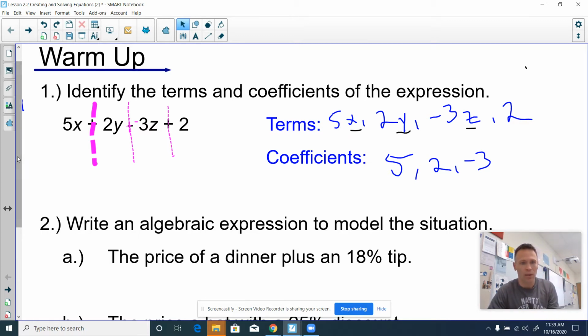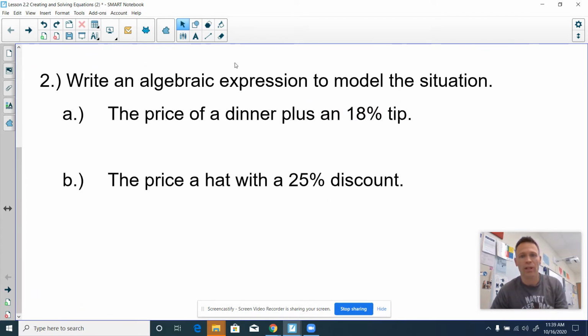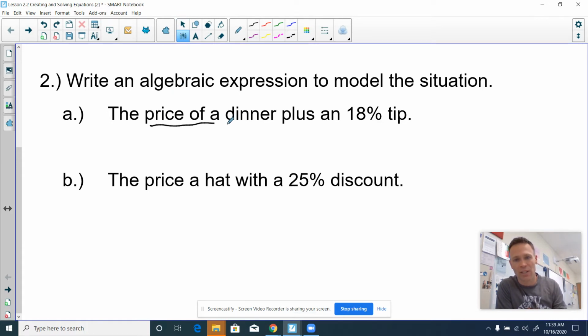Okay. Again, another warm-up problem. Write an algebraic expression to model the situations. We have the price of a dinner plus an 18% tip. So the price of the dinner, remember last lesson we just called P, and then plus, we now add 18% converted to a decimal. We have to think, 18% of what?